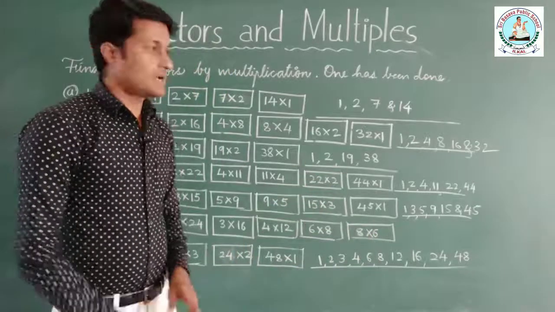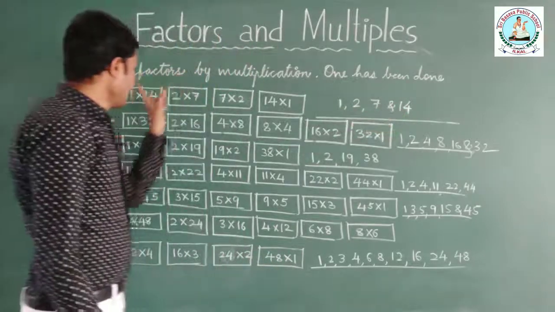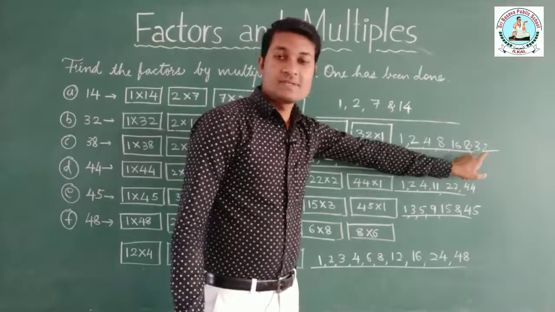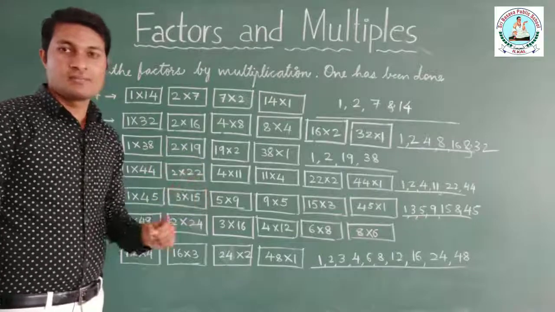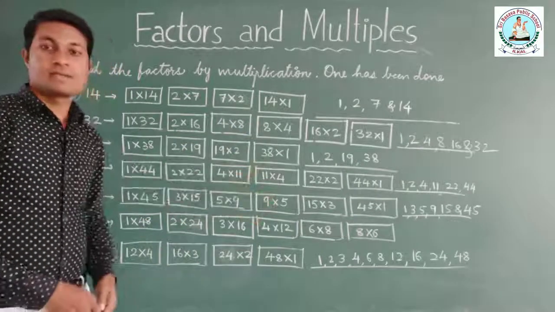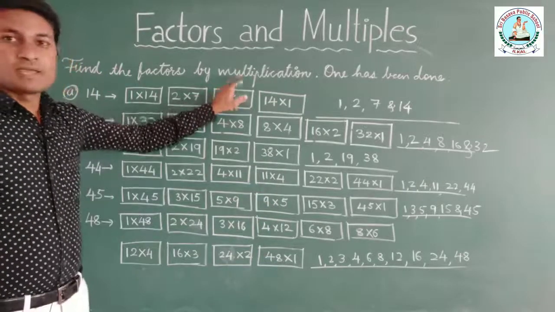And you can observe that 14 is a factor of itself, 32 is also a factor of 32 itself. So every number is a factor of itself. This is how you can list out the factors of a given number using multiplication.